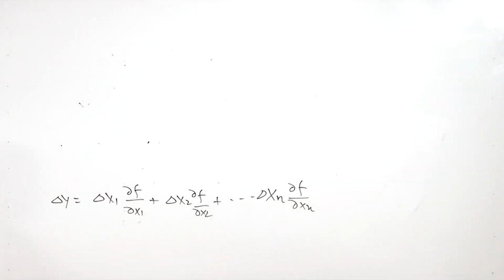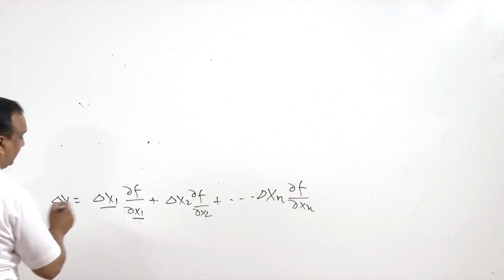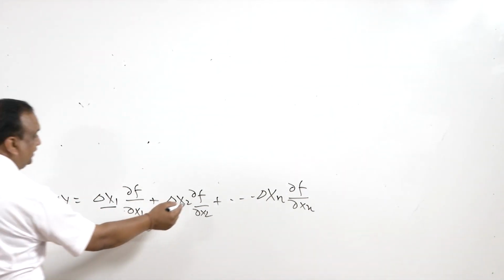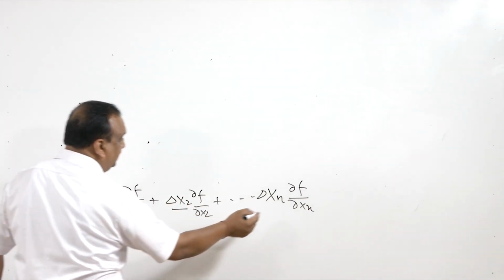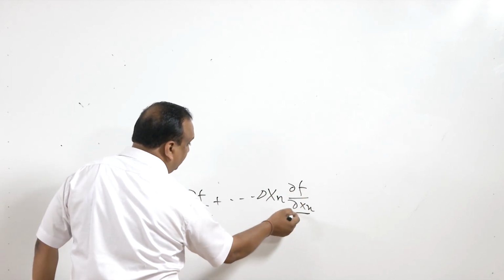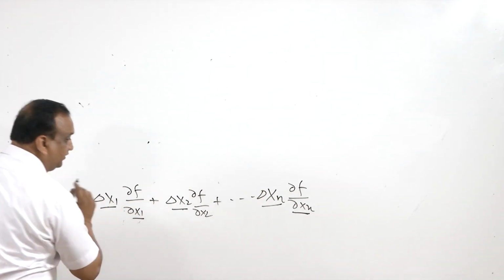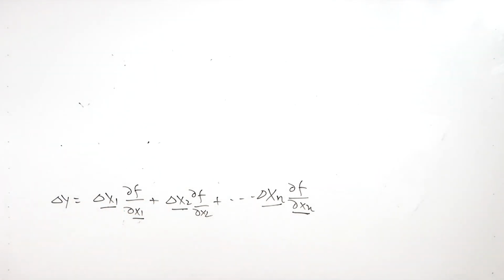Right. Now this is the differentiation with respect to the first parameter, times the error in the first parameter, then with respect to the second parameter, times the error in the second parameter, and the nth partial differentiation with respect to the nth parameter. This is only the error in measurement, delta x1, delta x2, delta x3.